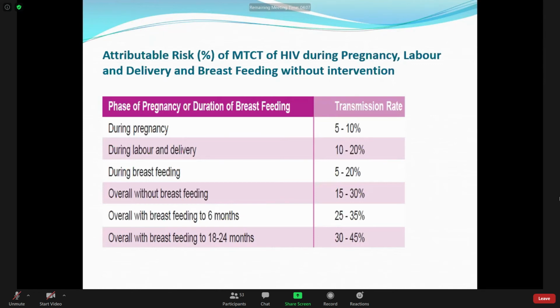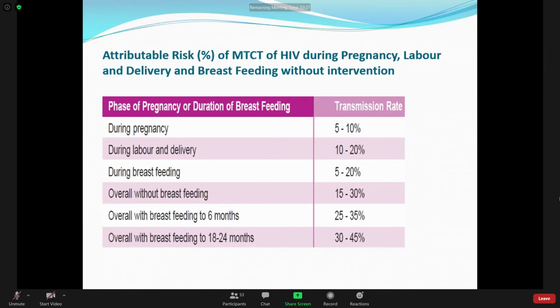And overall with breastfeeding up to 6 months, it is 25 to 35%. With breastfeeding up to 18 to 24 months, the risk of transmission is 30 to 45%. So altogether, from pregnancy to breastfeeding up to 24 months, the total risk of transmission is 30 to 45%.